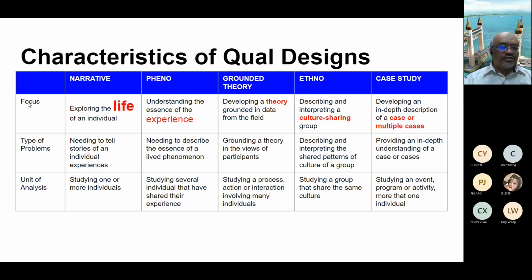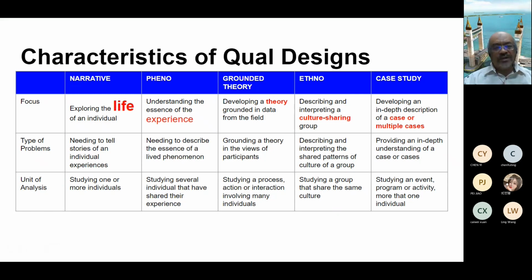So I'm going to look at this from these aspects. First is, what is the focus? The second one is the type of problem, what the designs are all about. And the third thing is the unit of analysis.